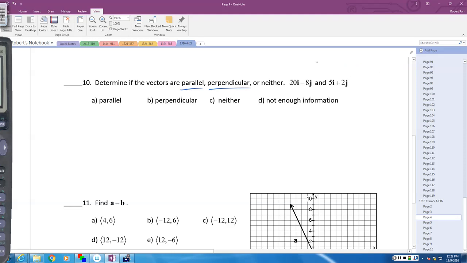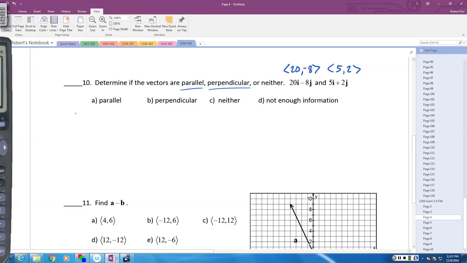No matter how you do this problem, you always have to find the dot product and the product of the magnitudes. If it's perpendicular, you just find the dot product. Let's find the dot product first. Then if it's not 0, we'll go on.